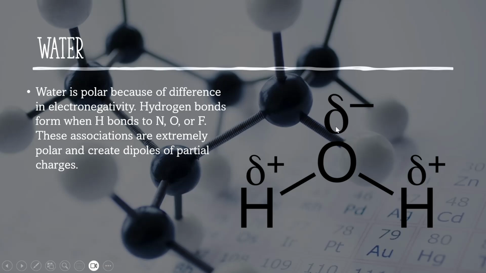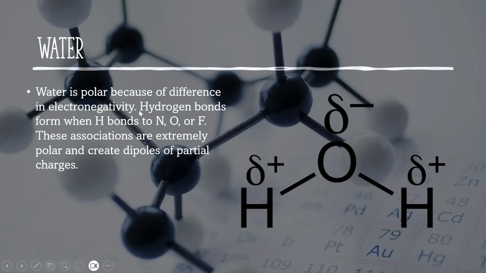So oxygen is going to be a partially negative side here, the partially negative dipole, and then since the electron density is being pulled away from your hydrogens over to the oxygen, these are going to be your partially positive dipoles. And you also have to know that hydrogen bonds are able to form when these hydrogens here can bond to nitrogen, oxygen, or fluorine.